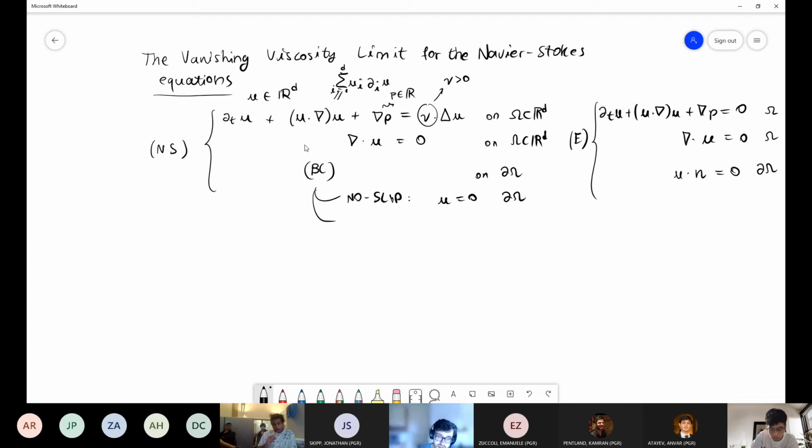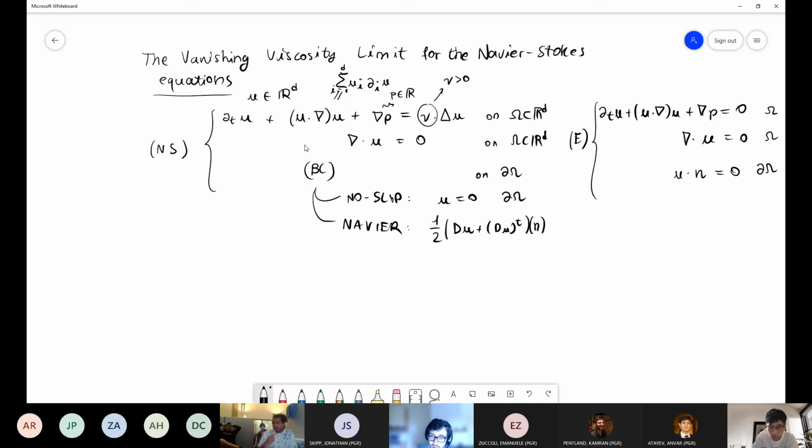But there's also another type of boundary condition of interest, which allows some slip at the boundary, and it's called the Navier condition. It says that the rate of strain at the boundary is proportional to the tangential velocity.